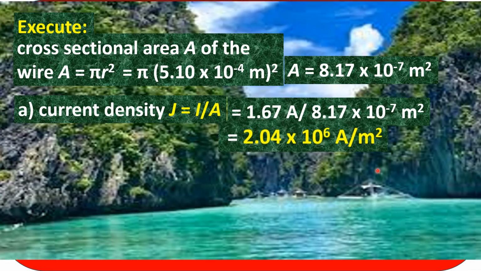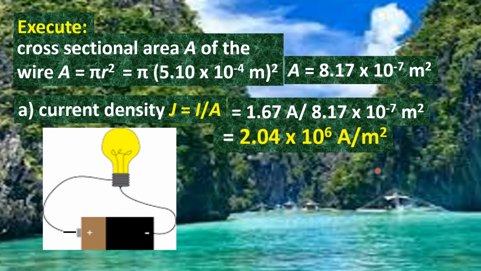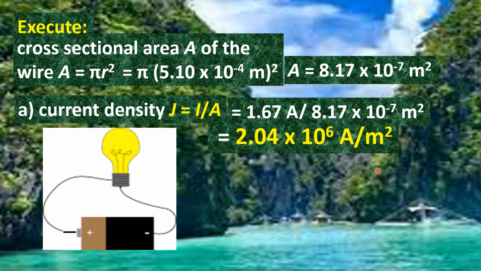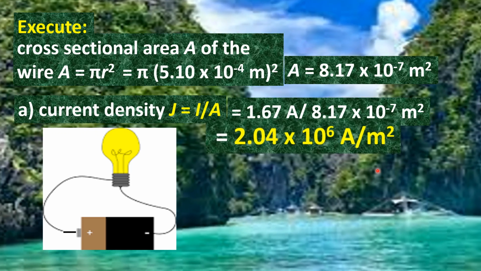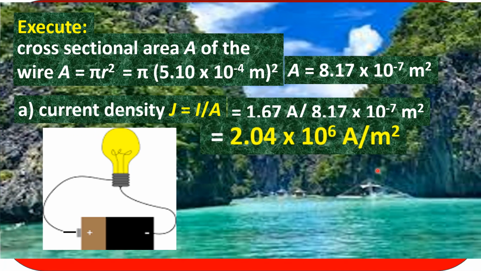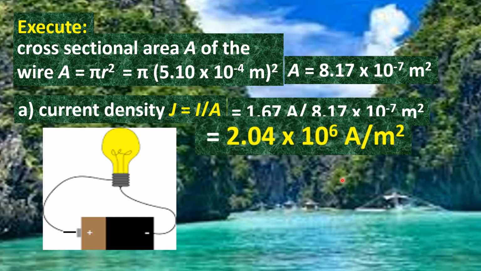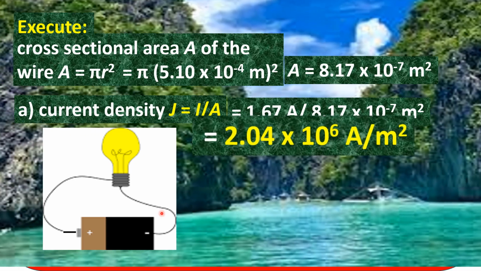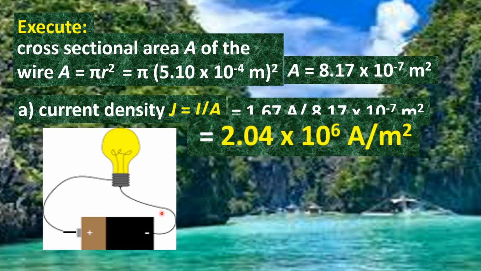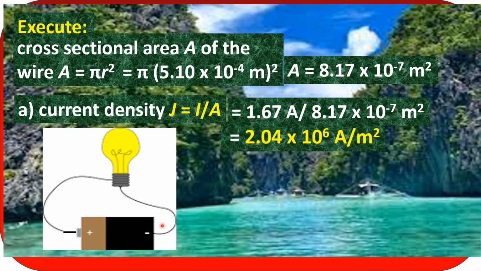It should be noted that the current density is not the same as current per se. If the current through a given circuit is constant, the current density at a given point in the wire may vary depending on the thickness of the wire at that point in the circuit.